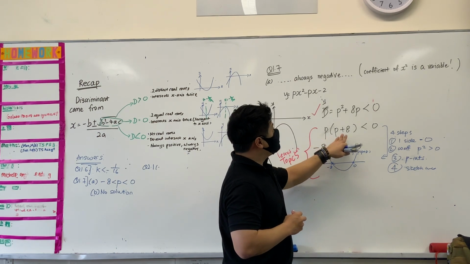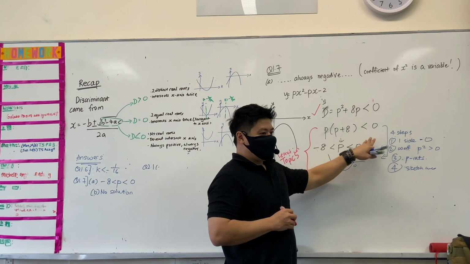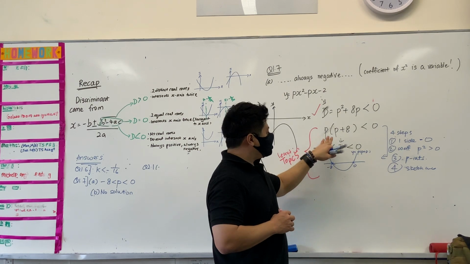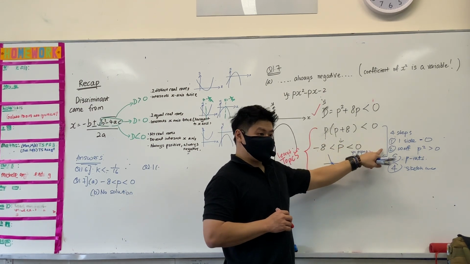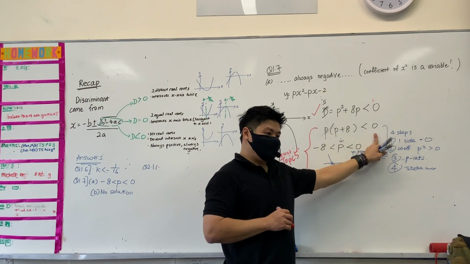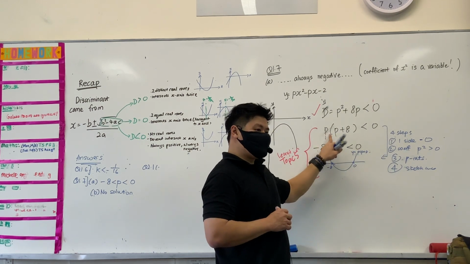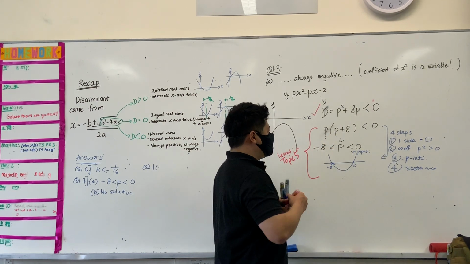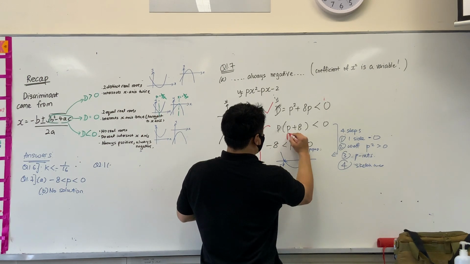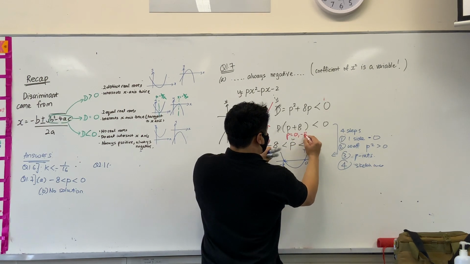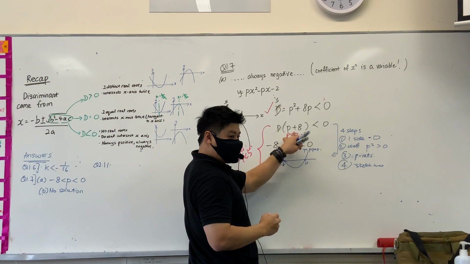So if my discriminant is less than 0, you remember topic 5, we basically have 4 steps. I make sure the right side is 0. I make sure the coefficient of p squared is positive. Then I solve this, my x-intercepts. P is equal to 0 and minus 8.